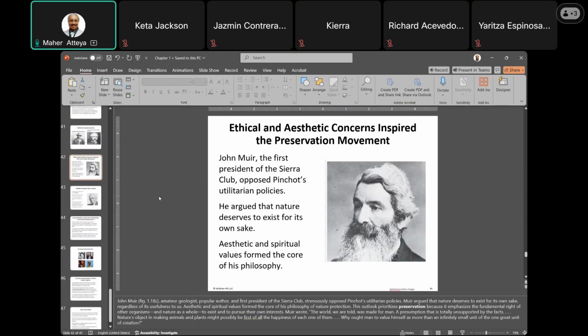This is Muir, his picture here, and he established the Sierra Club, although he disagreed with Pinchot's policies because he was looking at the beauty side and the spiritual side of the environment and the forests.